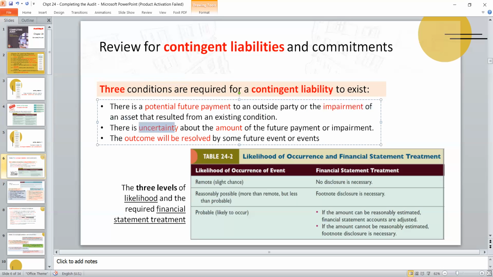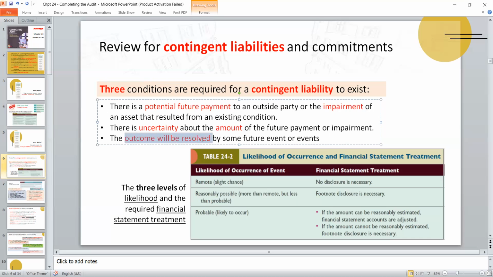The second condition is the uncertainty about the amount of the future payment or impairment. Uncertainty about the amount. Maybe we can say a tax dispute, sengketa pajak, or maybe someone claims environmental costs because we polluted the environment, but we don't know the exact amount for the cost, for the liability.